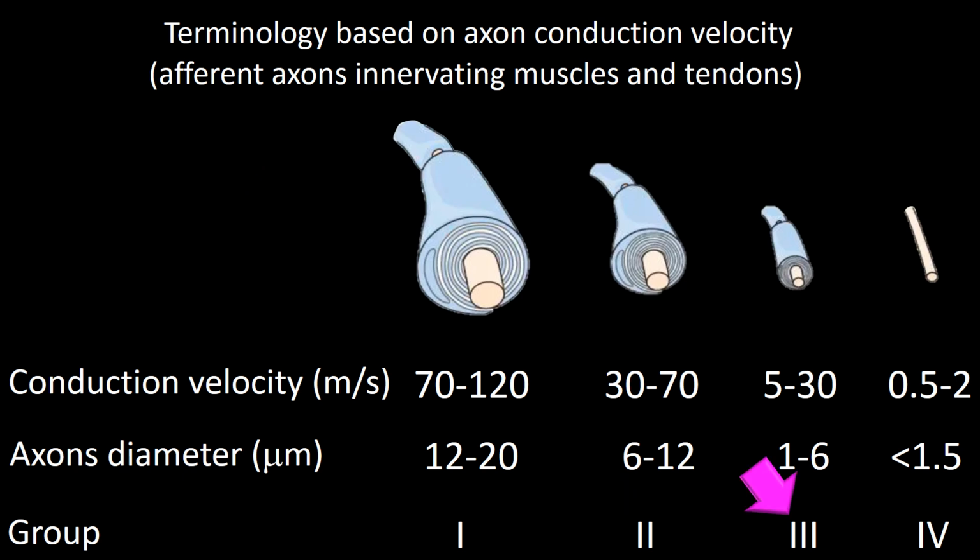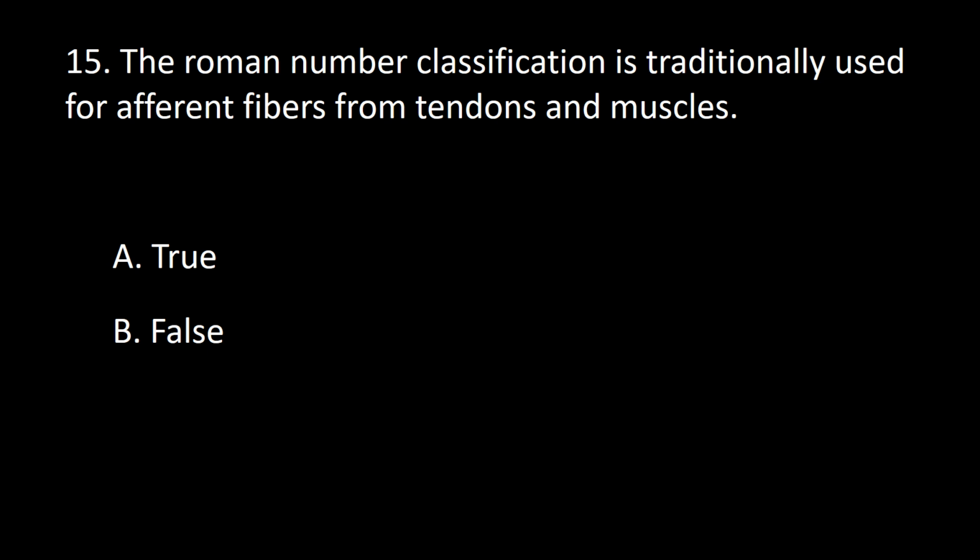Group 3 is used for fibers carrying sharp pain, and group 4 is used for dull pain. Pain fibers from muscles and tendons are just as frequently labeled using the letter classification alpha, delta, and C fibers, respectively. So the answer to this question is true.